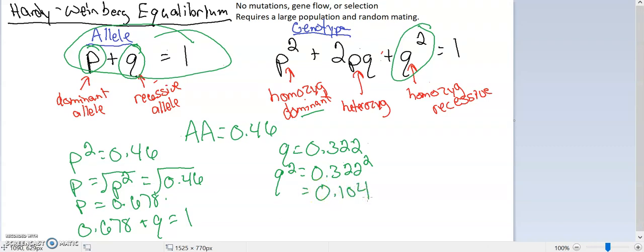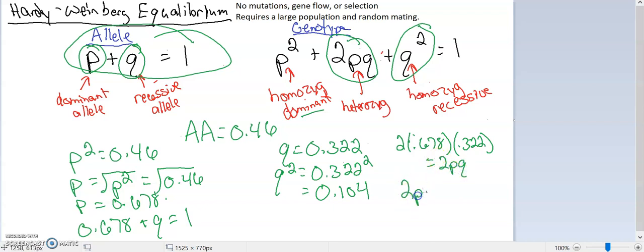The last number we actually need to figure out is our heterozygotes. So 2 times p times q, which is as easy as taking 2 times p, which is 0.678, times q, which is 0.322. That will give us 2pq.